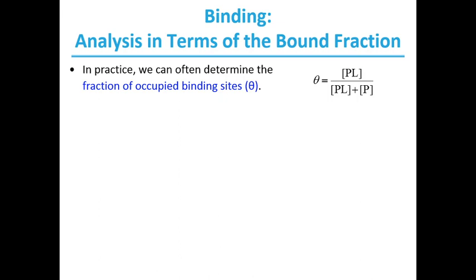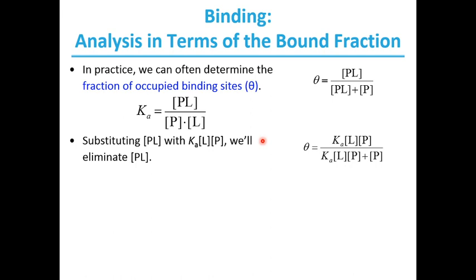So in practice, we often determine the fraction of occupied binding sites, and it is given by this equation. Now, we need to determine how many of them are occupied. So PL is the one that needs to be calculated. We can use the equilibrium constant equation to substitute for PL. Substituting PL with Ka times the concentration of L and the concentration of P will eliminate PL.